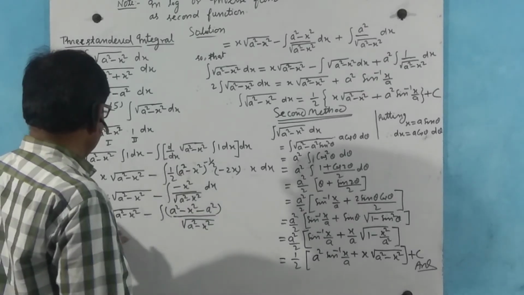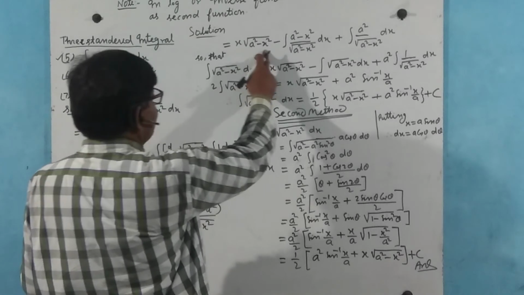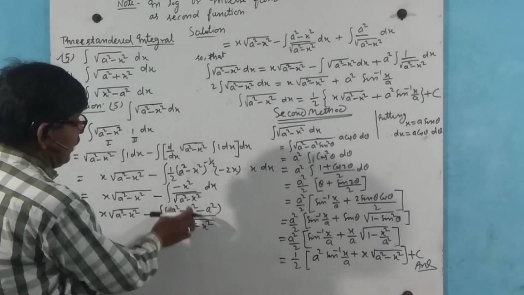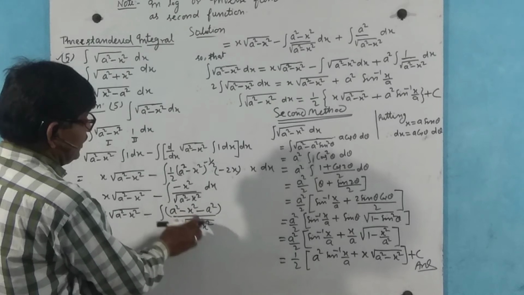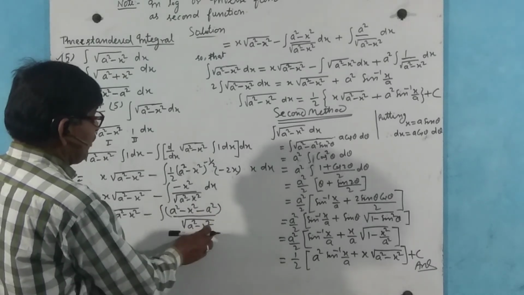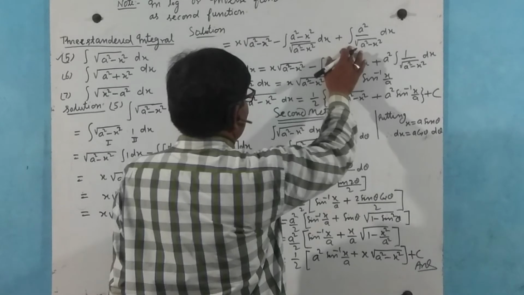Now x under root a square minus x square, and this divides into two parts: a square minus x square by itself, minus, plus a square by this.